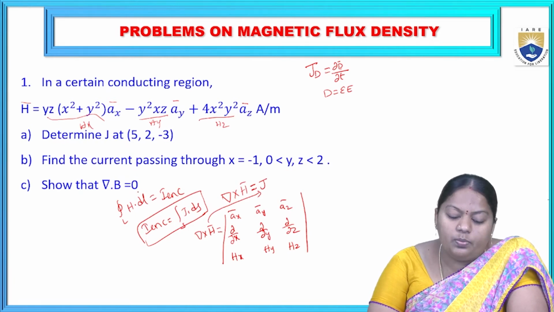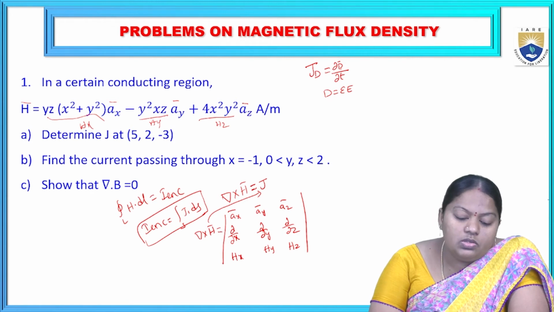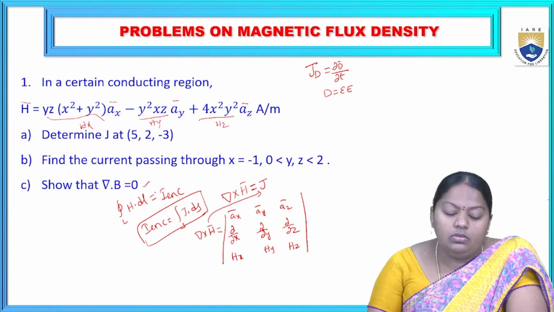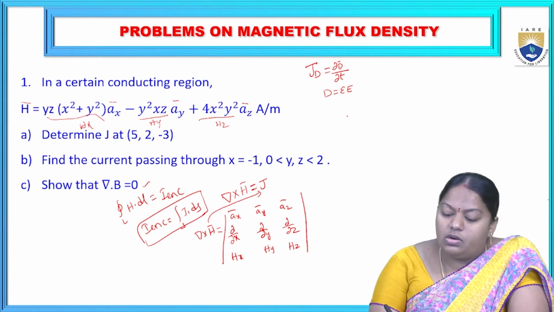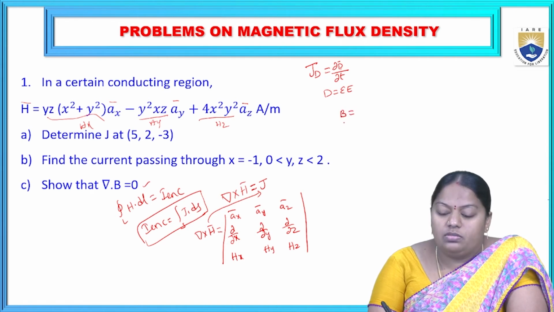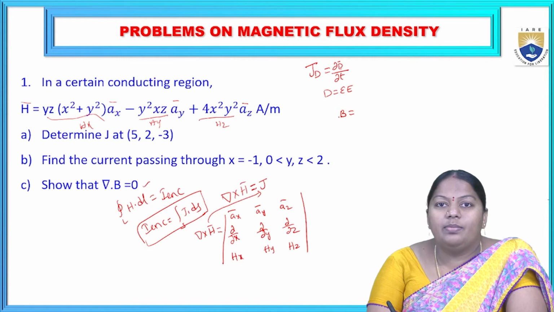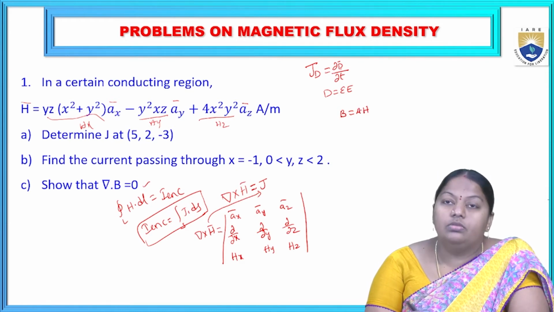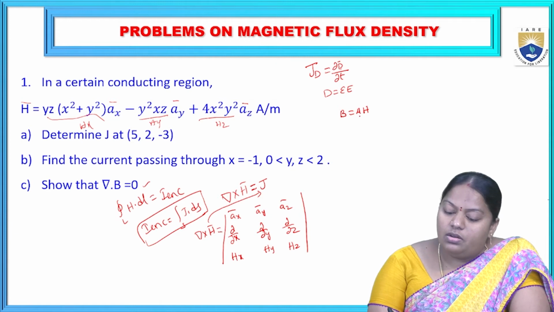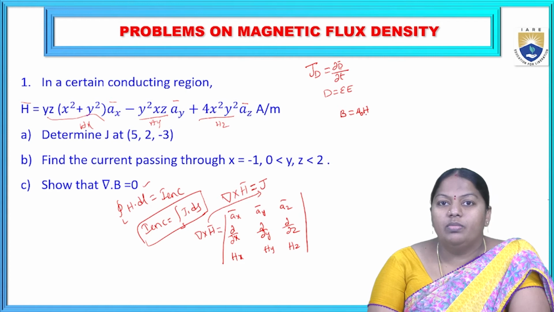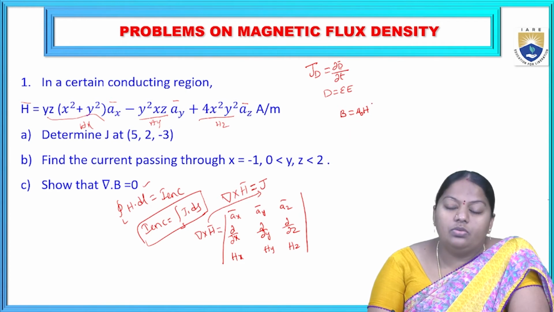Now show that del dot B equal to 0. The H value is given. Now we are going to evaluate the equation for del dot B equal to 0. As we know, the relation between B and H, magnetic flux density and magnetic field intensity, is given by B equal to mu into H. For a free space medium, we write mu naught in place of mu, so mu naught into H bar.